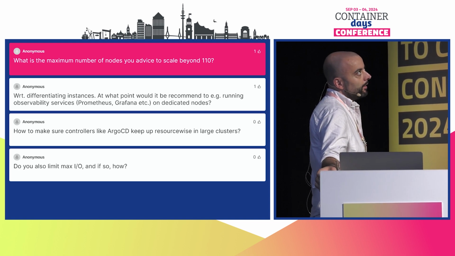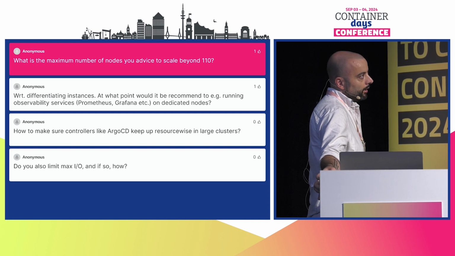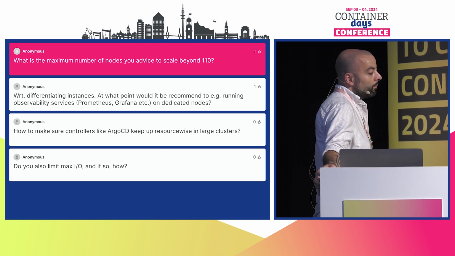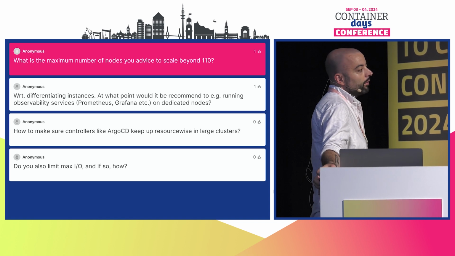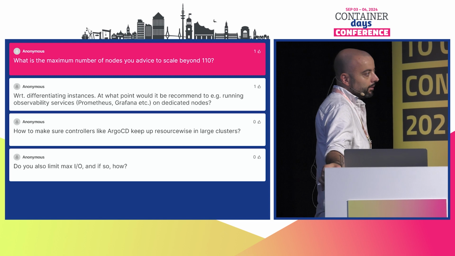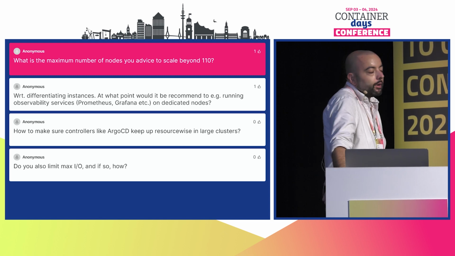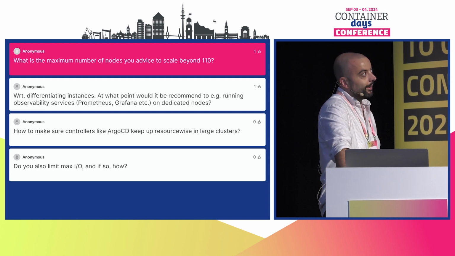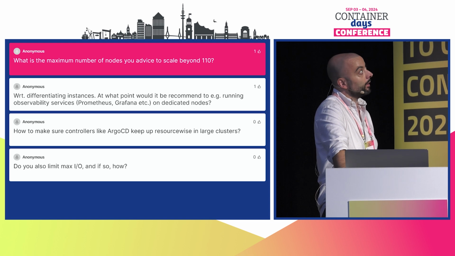There are valid reasons why you should have more than 110 pods. In the real world, reasonably, you should look at something like 50, 60, 70 pods per node. There are legitimate reasons where you need more than 110, but as a rule of thumb, you should start slow, with a lower number, and then understand if you can really pack more.